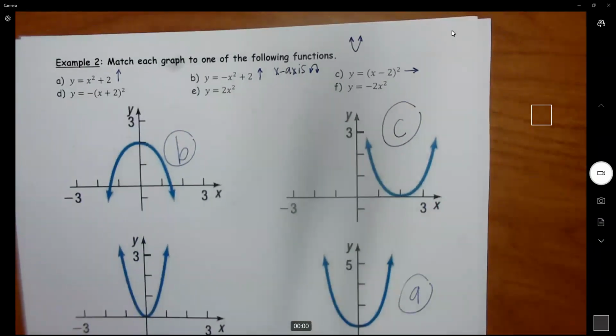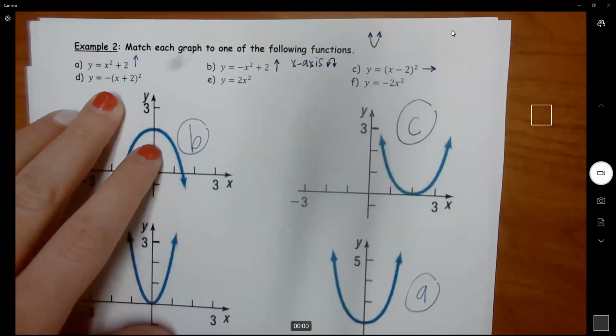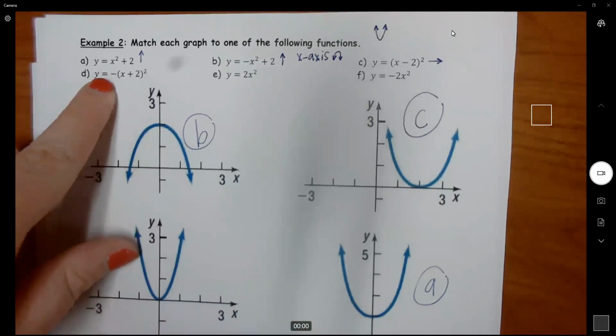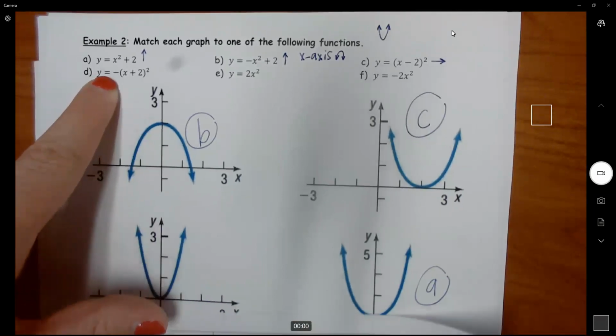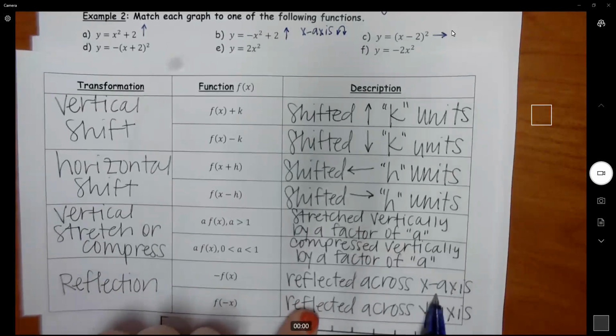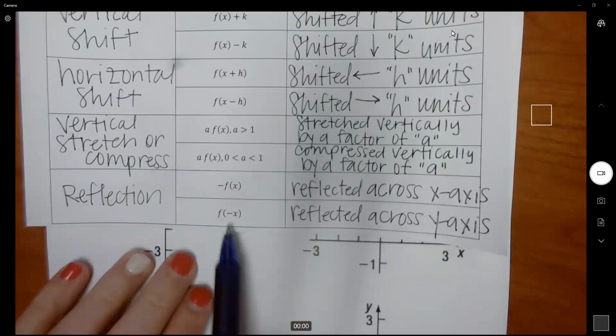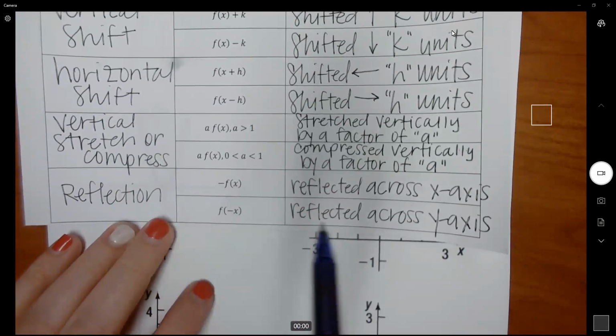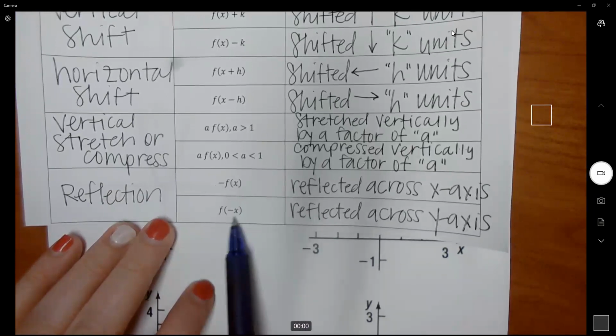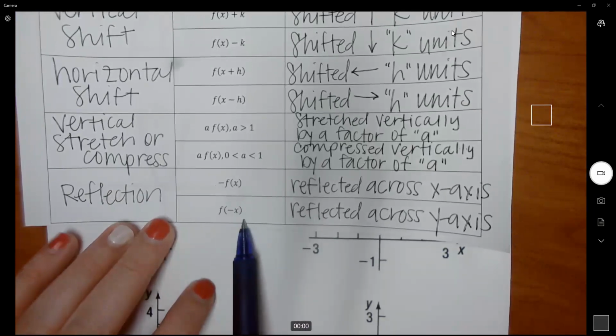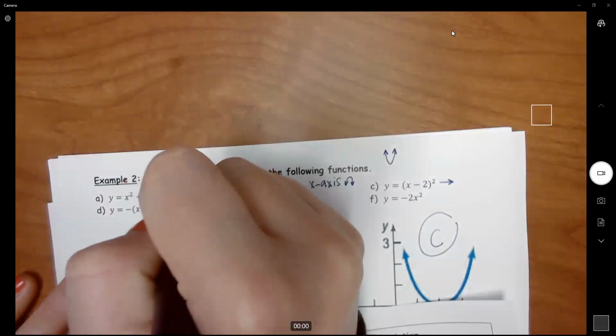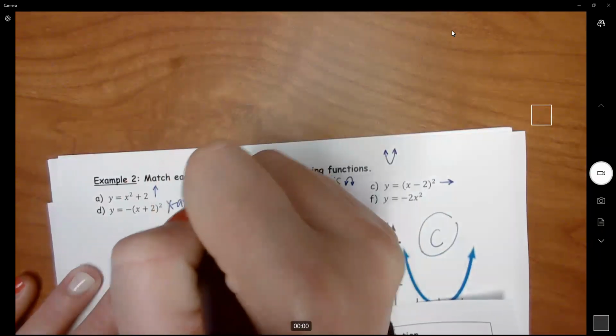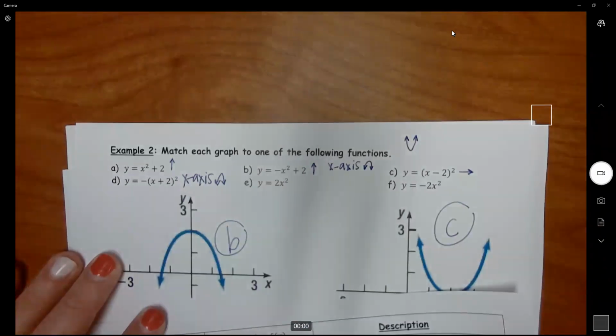So this one, this negative out in front means it's again being reflected along the x-axis because it's out front. To be reflected along the y, it would have to be inside the grouping, inside the function. So we have another x-axis reflection, so it's got to be going upside down again.